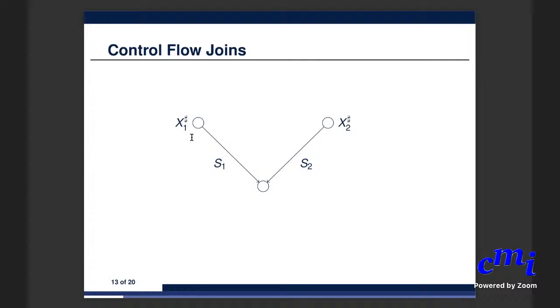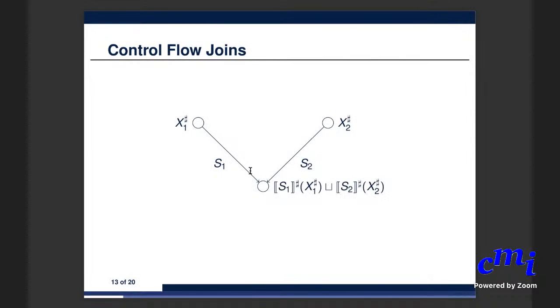After that, you're forced to merge the two into a single abstract value, because you don't have the luxury of saying, if the guard is true then this, or if the guard is false then this. That would be an arbitrary Boolean formula, which is not exactly expressible in the interval domain.